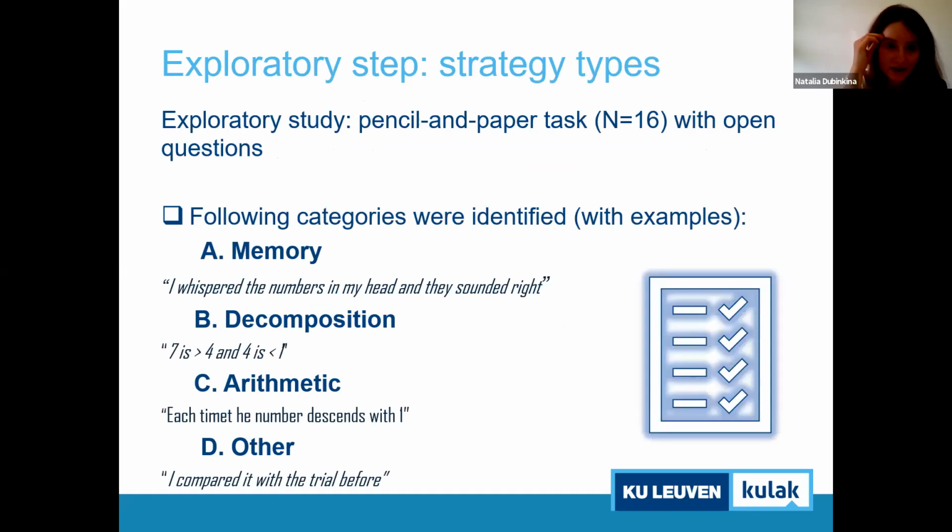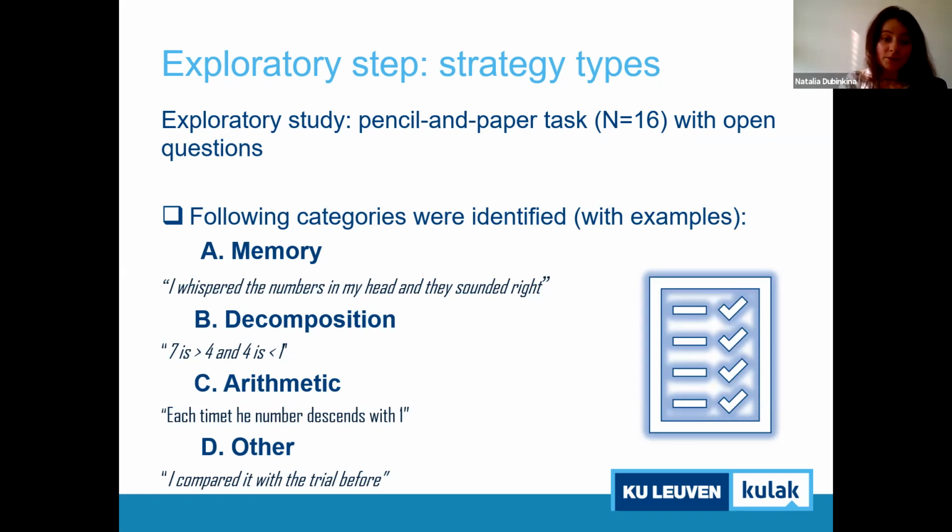We first undertook an exploratory step to identify the most common strategy groups, when participants needed to report in written form which strategy they used to arrive at the right conclusion. And based on their free reports, we identified 4 main categories of strategies: memory, decomposition, arithmetic, and the group other for those strategies that didn't fit any of these categories.